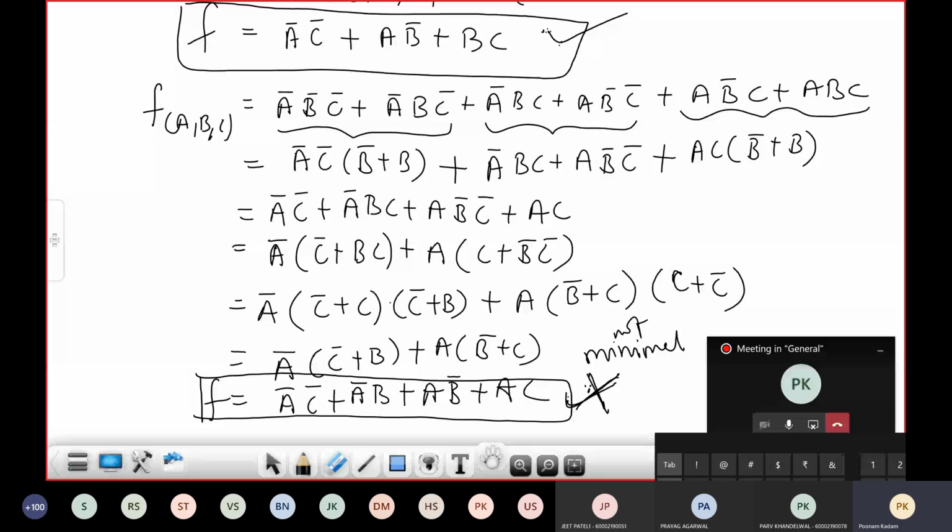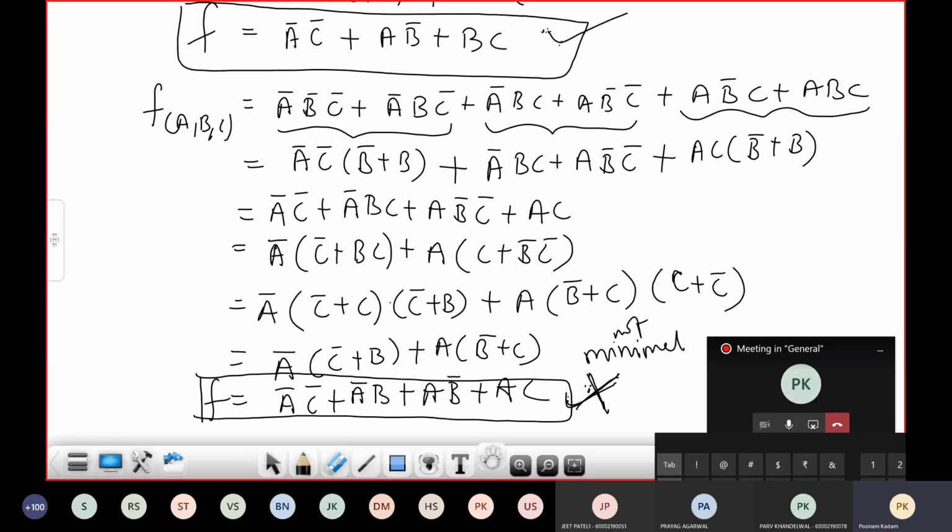Third, the reduction procedure is not unique. Application of different theorems may give different reduced expressions. So there is no fixed reduction procedure as such.